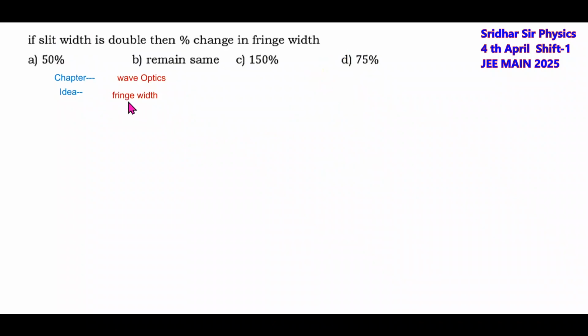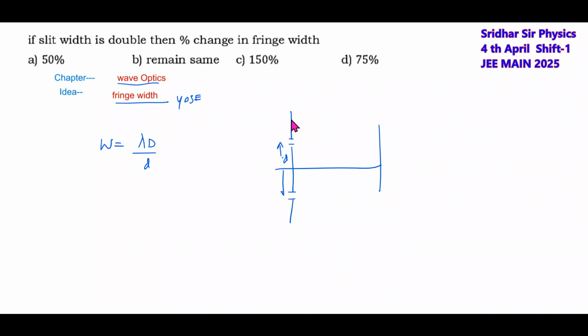This question belongs to wave optics, based on YDSE, fringe width. According to this, the fringe width formula will be lambda capital D by small d. Small d is what, the slit separation.